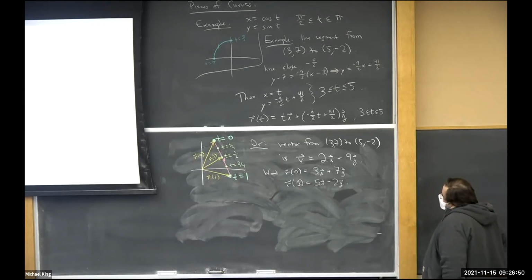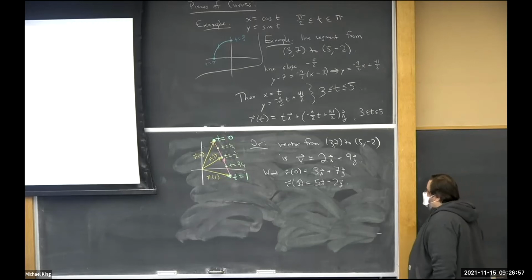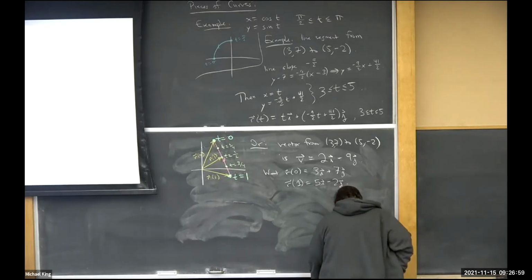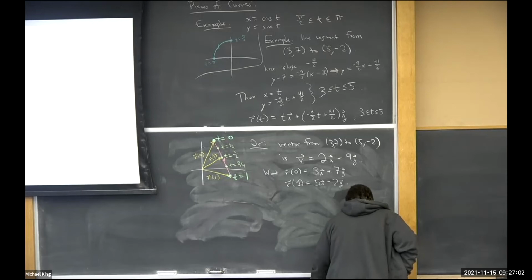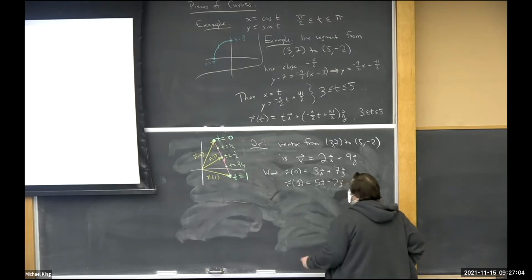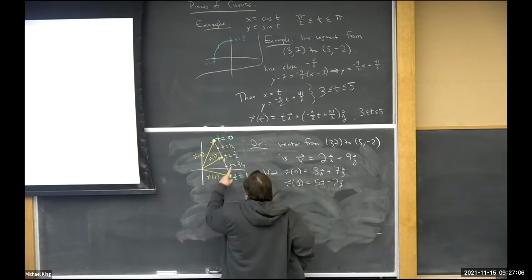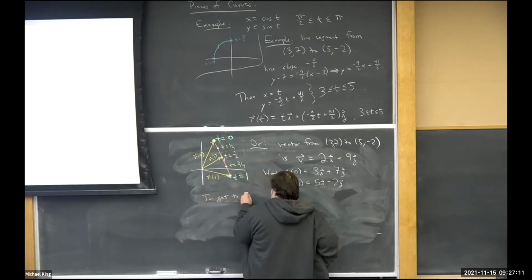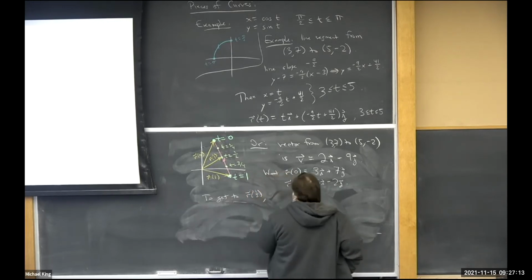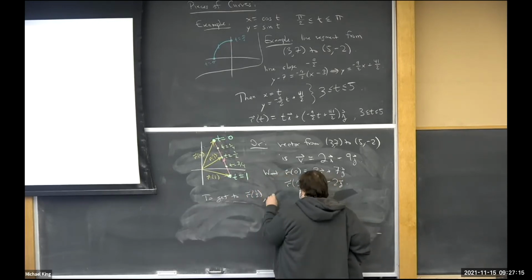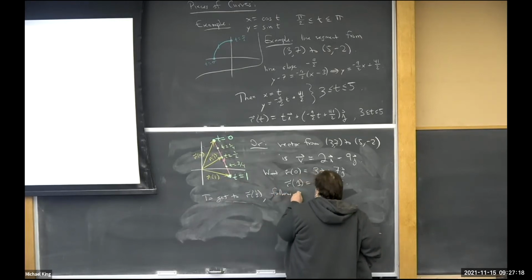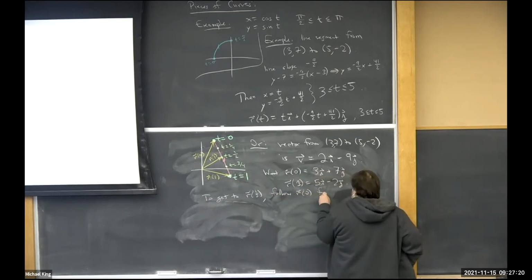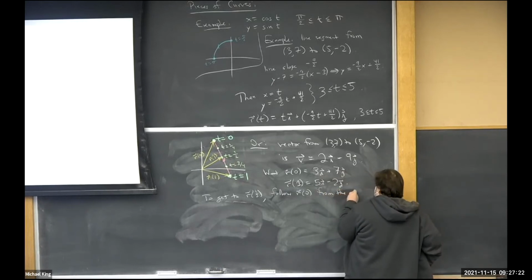And so how do you do that? This is kind of what I was talking about at the end of class last time: you start at the origin and you go out to the line, out to the t equals 0 point. So to get to r of 1/2, follow r of 0 from the origin to the line.